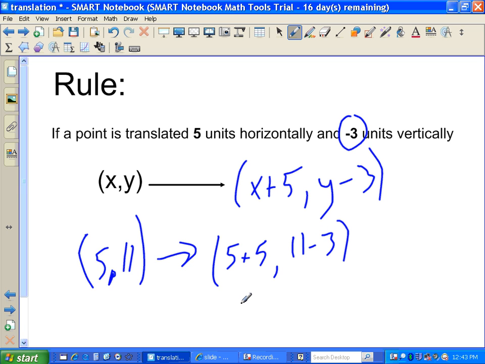And of course, we all know that 5 plus 5 is 10, and 11 minus 3 is 8. So, my new point, after I've done the translation with a slide, is 10, comma 8. If I was at 5, 11, I'm now at 10, 8. Okay? There you go. Very exciting.